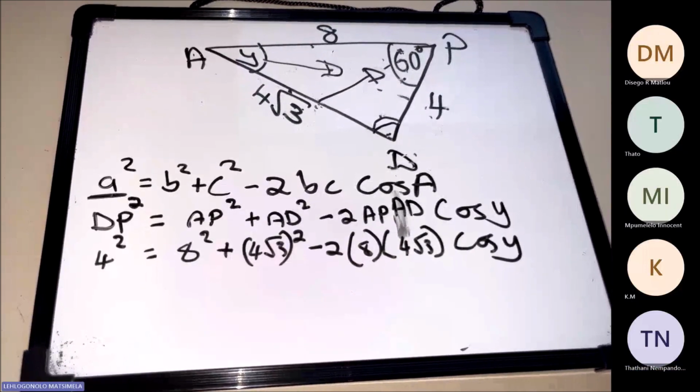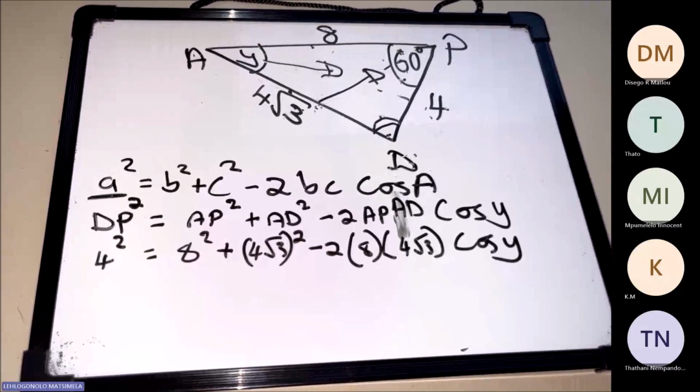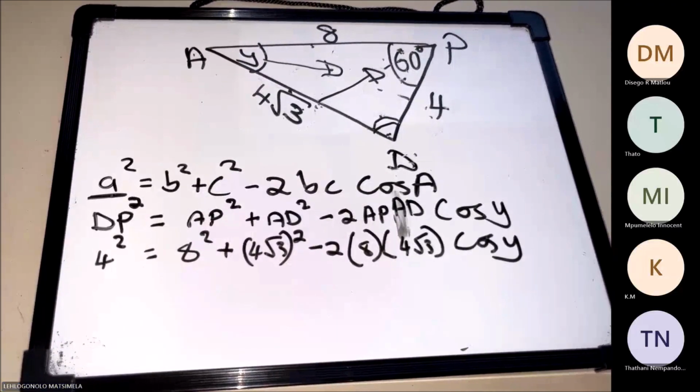So we will have 8 squared plus, in brackets, 4√3 squared.